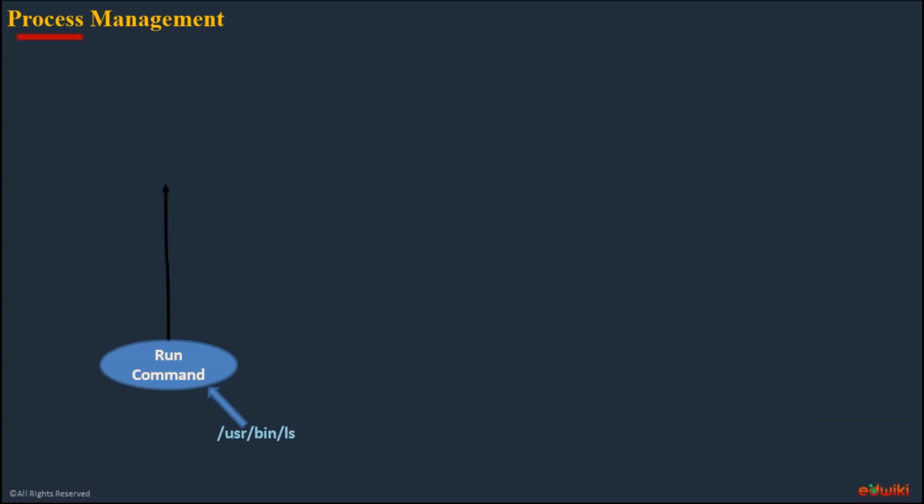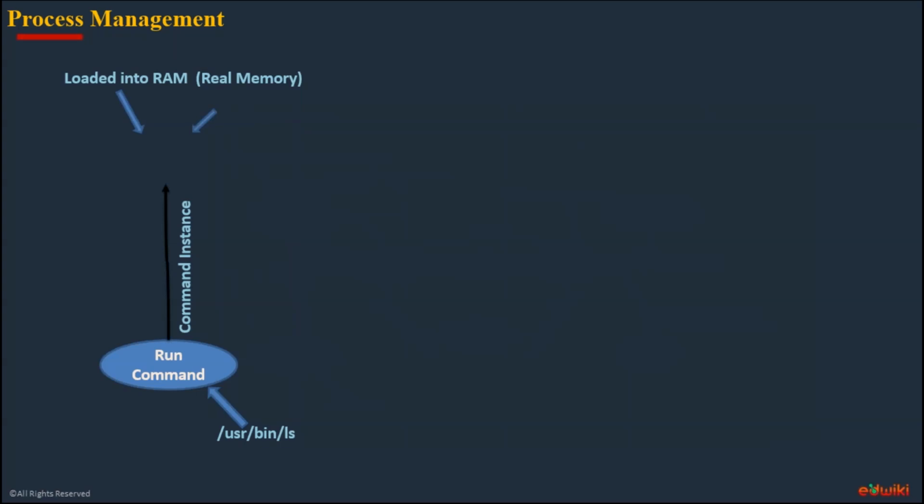Ideally, when you run a command, the command binary file gets loaded into real memory. Any system will have memory, the RAM that we call it, right? So real memory is the space where commands get loaded whenever you execute a command. The moment you execute a command, the command instance gets loaded into the real memory.